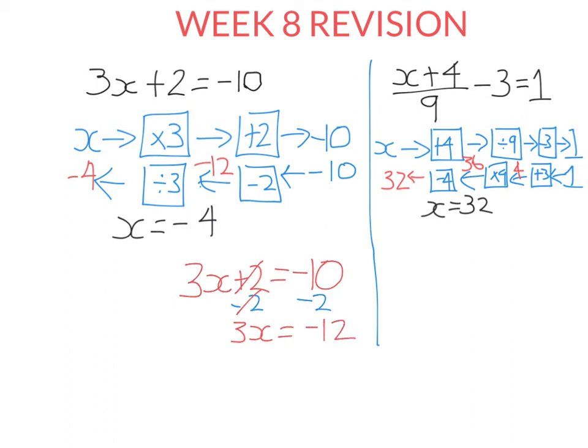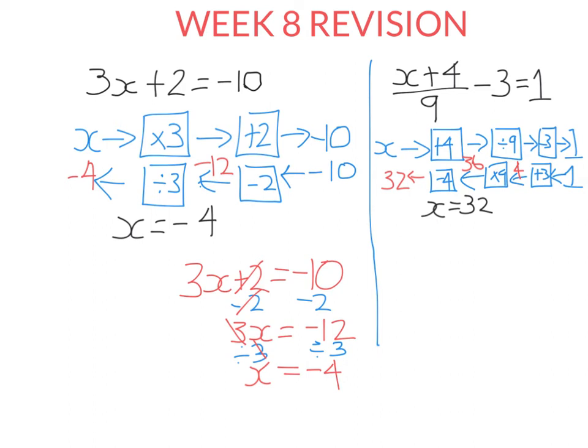Now I've got 3 times x. The way that I'm going to undo timesing by 3 is dividing this side by 3. But if I divide that side by 3, I have to divide the other side by 3. So 3x divided by 3 is just x, because times 3 divide 3 cancel out, and minus 12 divided by 3 is minus 4. So I got the same answer using both methods.